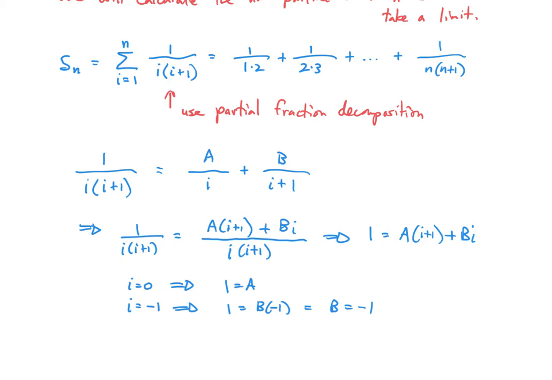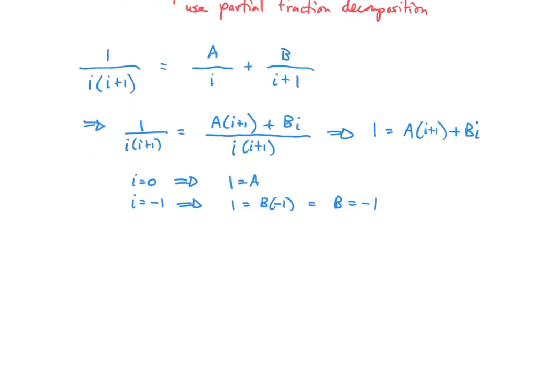So writing out my partial fraction decomposition, we can see that 1 over i times i plus 1 is really going to equal 1 over i plus negative 1 over i plus 1. In fact, you could write this as 1 over i minus 1 over i plus 1.